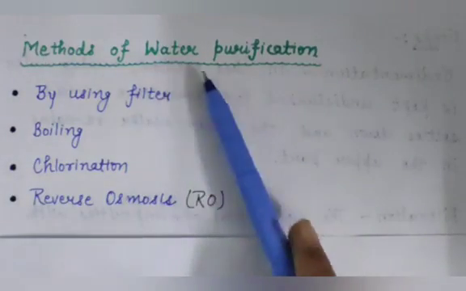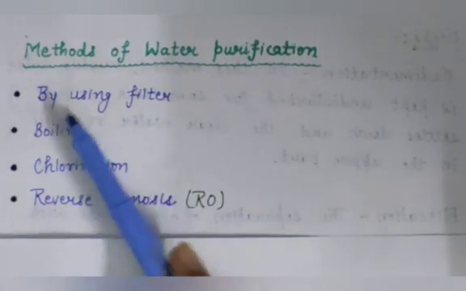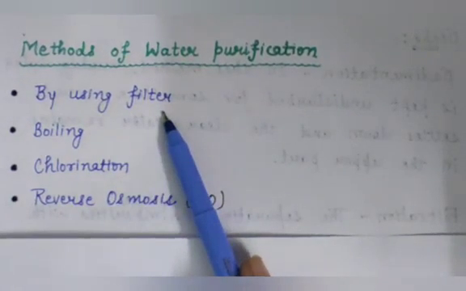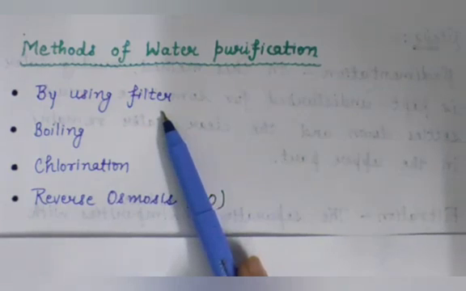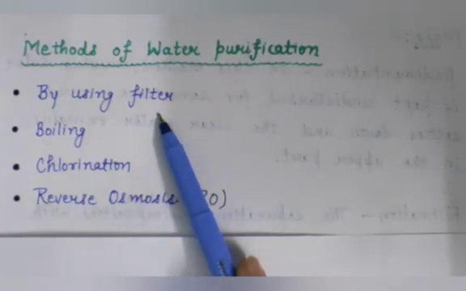The first method of water purification is by using a filter. We know that a filter is commonly used in our homes. It is a physical method to remove impurities. And how does a filter remove impurities?